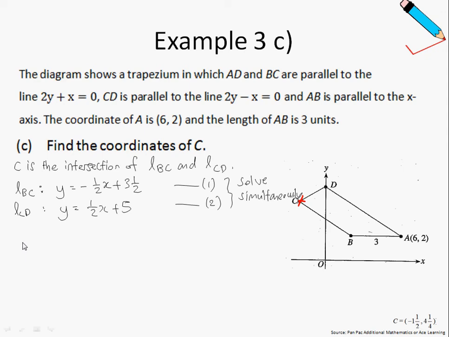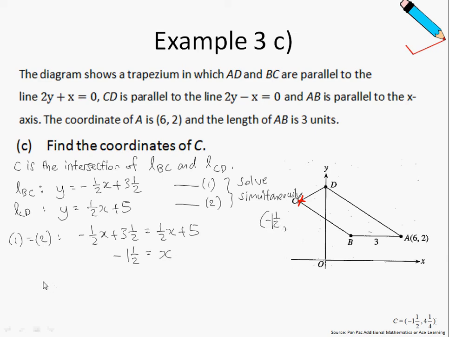Equating equation 1 to equation 2, I will have negative half x plus 3.5 equals half x plus 5. Shifting negative half x to the right and 5 to the left, I will have x equals negative 1.5, and therefore the x coordinate of C is negative 1.5.